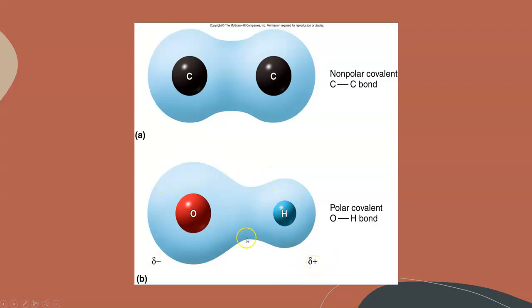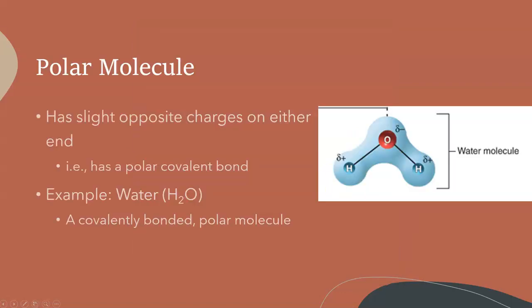Okay, now this polar covalent bond is really important when we talk about our next slide and polar molecules. So take a look from that last slide. Now there's two OH bonds. Now what is this molecule? 1H, 2H, 1O. This is water, right? Well, I give it away. It's right here, water molecule. Water molecules are made up of two OH bonds, which are both polar covalent bonds.